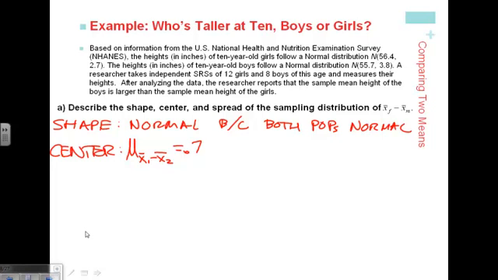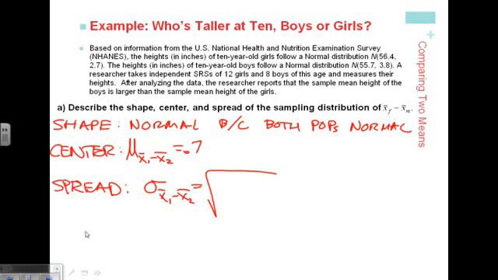Okay. Lastly, spread. What are you about to give me? You're about to give me a sigma. A sigma of what? Sample 1 minus sample 2. As if we did again and again and again. And this one's ugly, right?